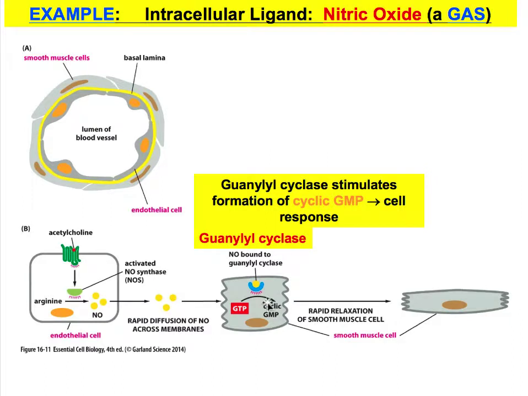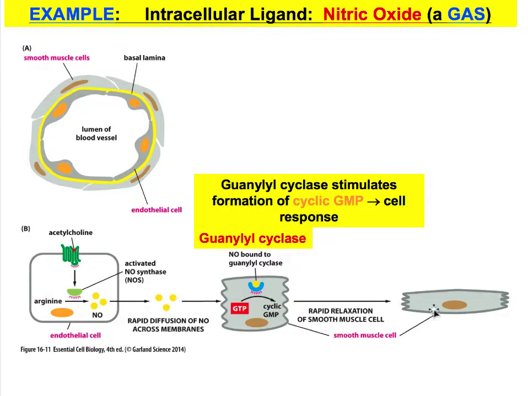And what it does to smooth cells is it relaxes them. It causes the relaxation of that smooth cell. We know now that most of the blood vessels have a layer of smooth muscle cells surrounding them so that the lumen, the aperture of this lumen, can be regulated. So when these muscles contract, the lumen shrinks in size.